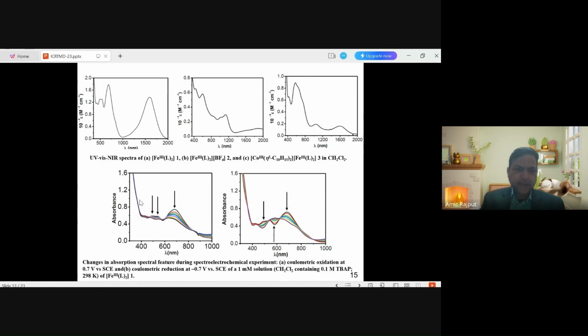It means when you are getting the one electron oxidized species from the parent complex, what is the change in the absorption behavior. You can see these peaks for the one electron reduced species too, so there is a change in the absorption spectral behavior.